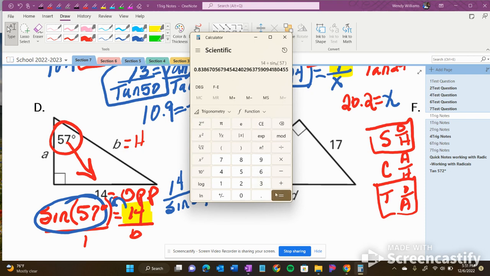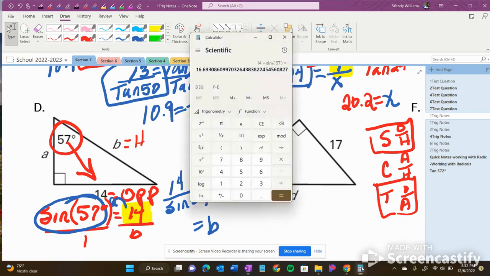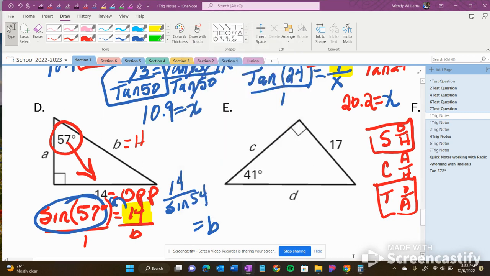We don't actually get the magic until we hit equals. And now we find out that b is equal to 16.7. B is the hypotenuse, so that should be the longest leg.